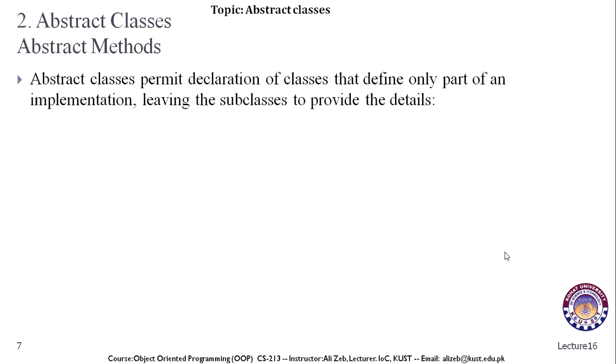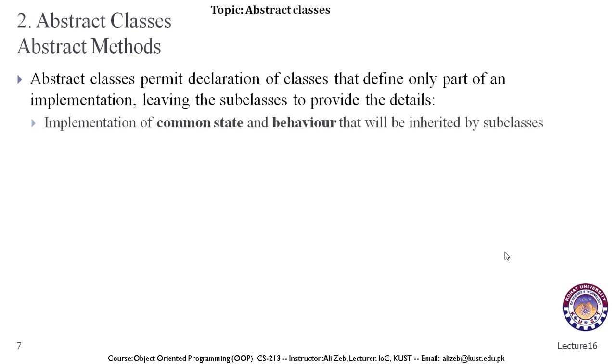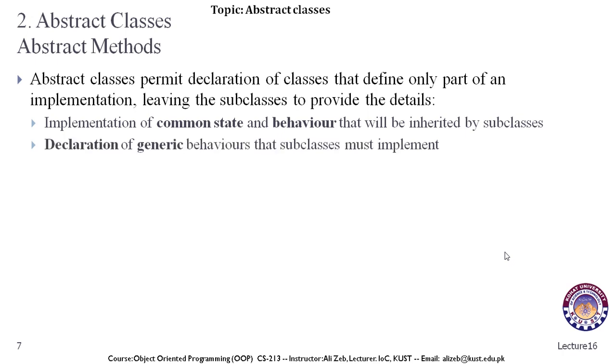Abstract methods. We saw an example of the abstract methods in our previous slides. Abstract classes permit declaration of classes that define only part of an implementation, leaving the subclasses to provide the details. So what we can do is include the method as abstract in a superclass, and the implementation for that method will be provided by the subclass. Implementation of common state and behavior that will be inherited by the subclasses.